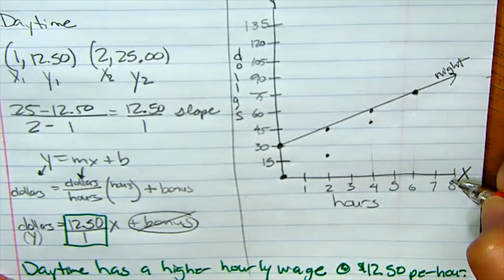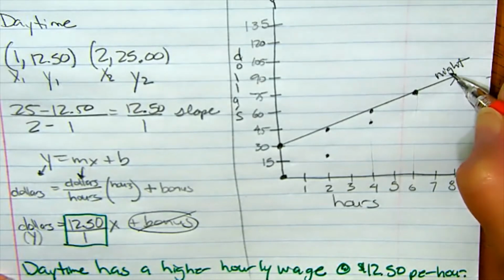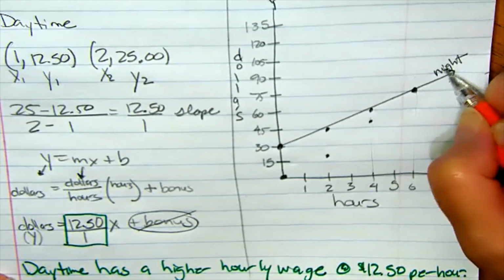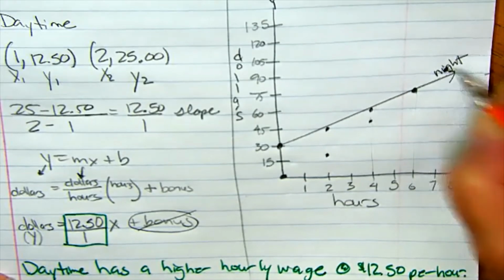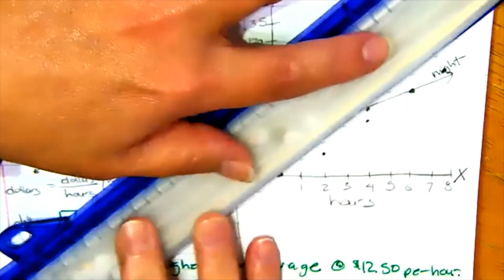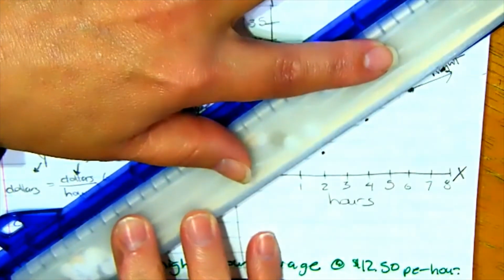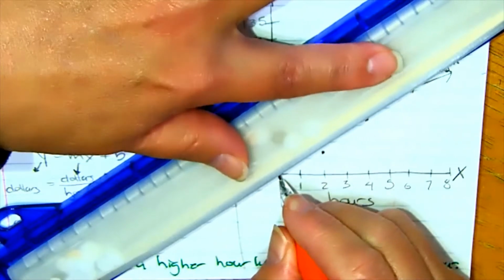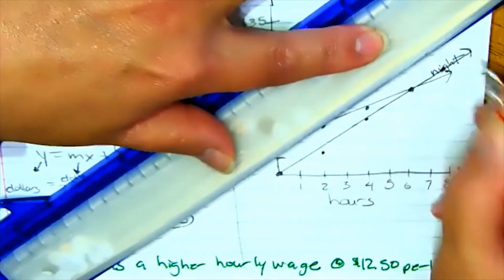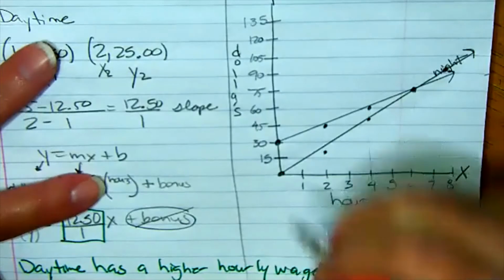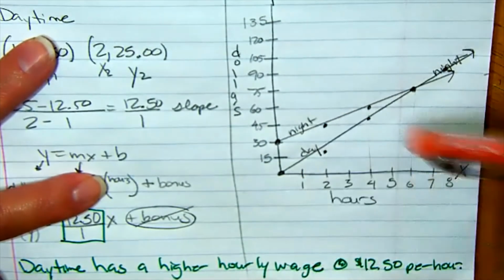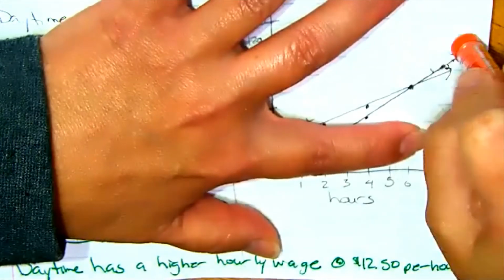And 8 hours would be 100. So a little bit higher right here. So here's my graph for my daytime employees. So this is day, this is night. Let's erase this so it doesn't confuse you.